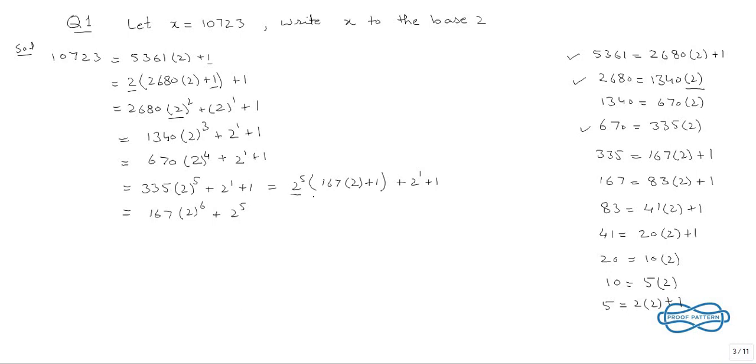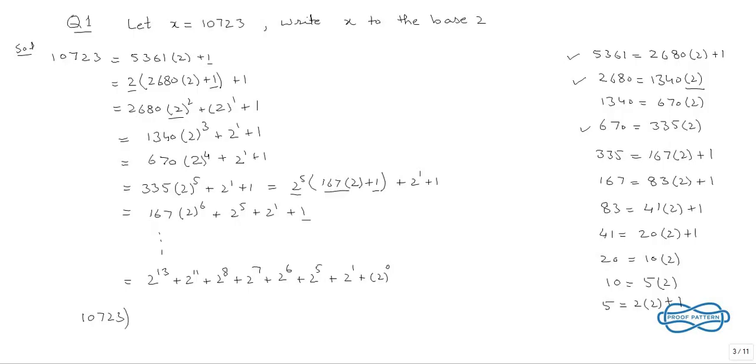Okay, we will multiply this 2 to the power 5 with this one and this one, so we will get this situation plus 2 to the power 1 plus 1 and so on until we arrive at the situation 2 to the power 13 plus 2 to the power 11 plus 2 to the power 8 plus 2 to the power 7 plus 2 to the power 6 plus 2 to the power 5 plus 2 to the power 1 and plus 2 to the power 0 instead of this one. Okay.